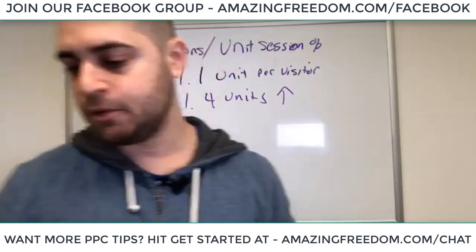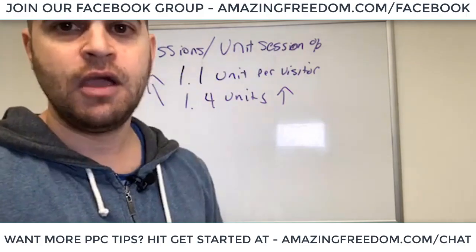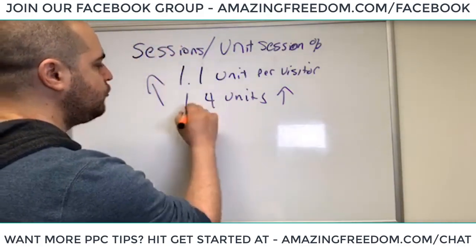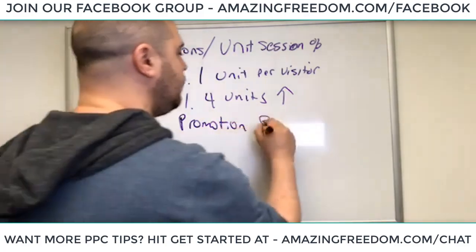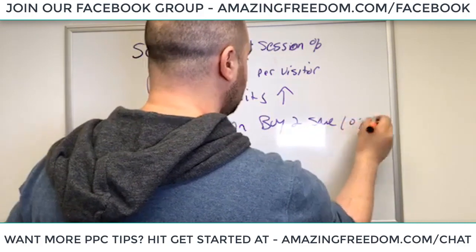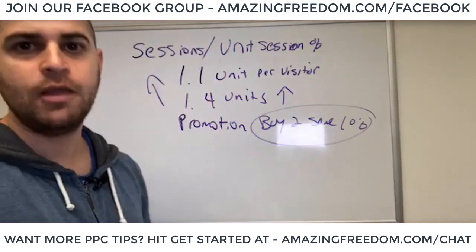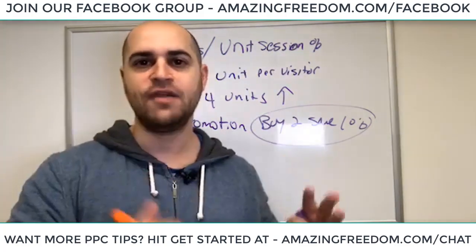So, for example, on a lot of my listings, I have a promotion offer of buy 2, save 10%. Okay, so if I said to myself, well, I really want to increase my conversion rate. I'm getting all this traffic, I'm getting all these sales.